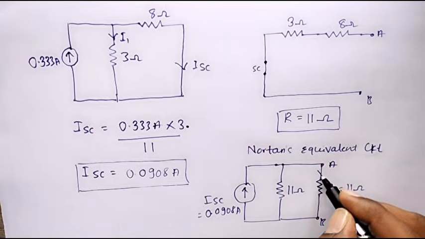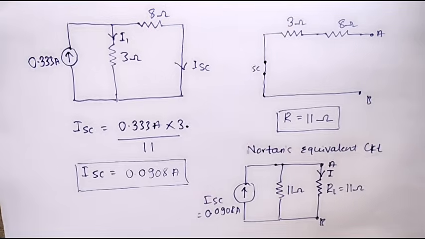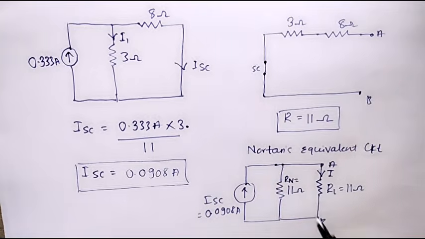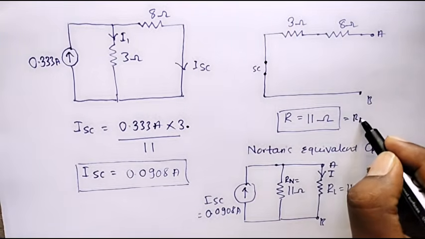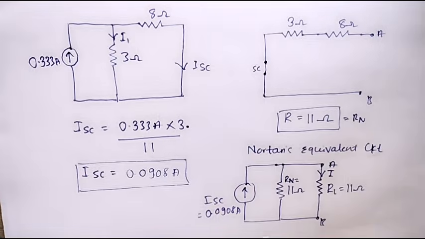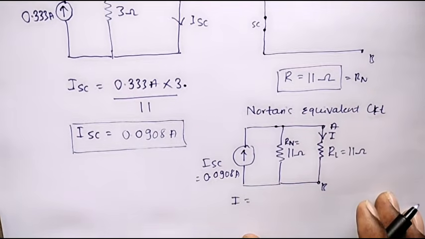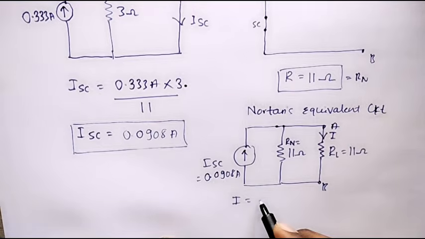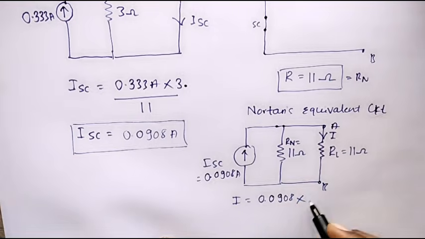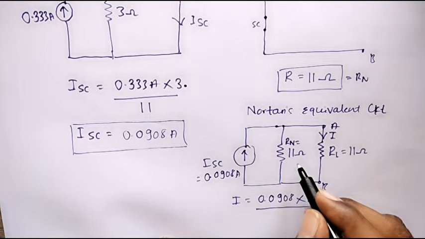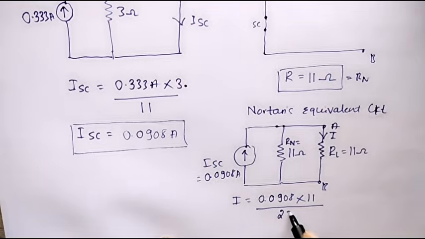So now we are supposed to find I. Applying the current division rule, this is Norton's resistance, or R or Rn, both are the same. So now find I. I is equal to, applying the current division rule, the total current 0.0908 into the opposite resistor, which is 11, divided by the sum of these two resistors, that is 11 plus 11, that is 22.